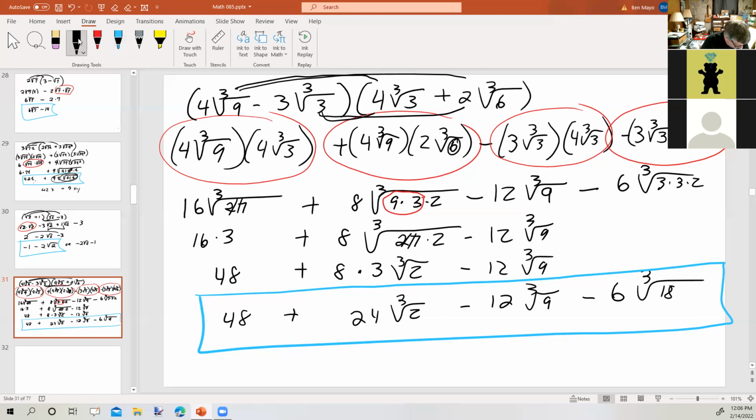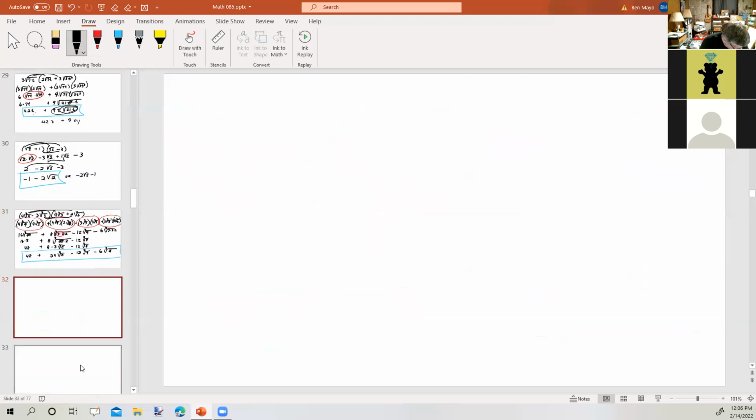How about this one? -3 cube roots of 10y cubed, the whole thing cubed. Okay. So we have a product raised to a power.